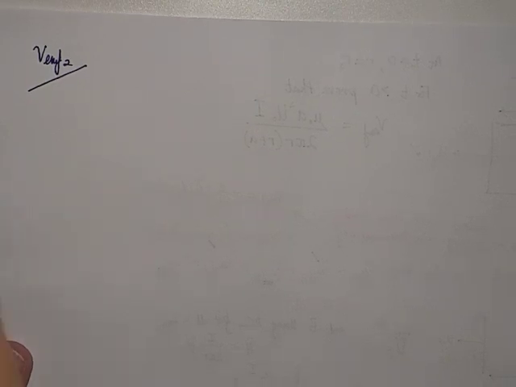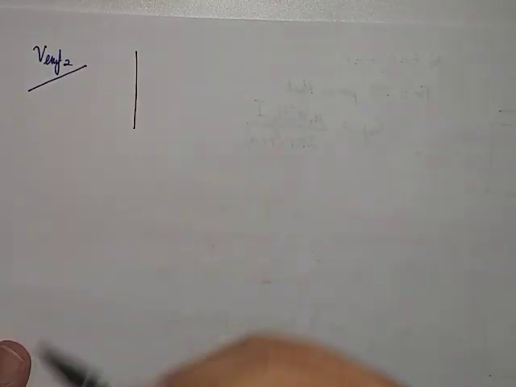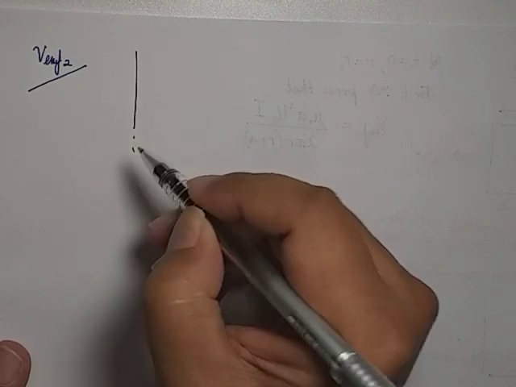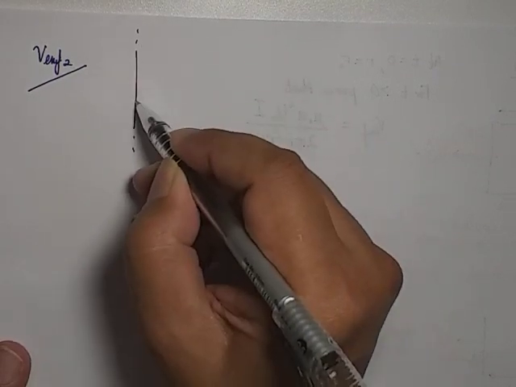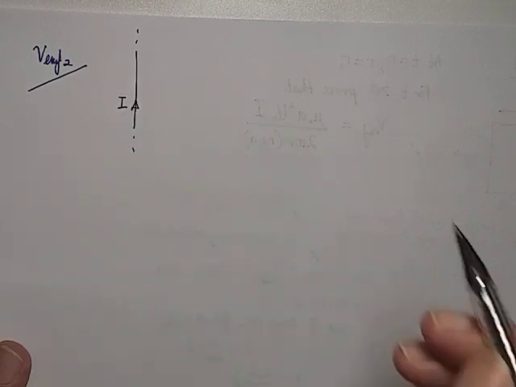So let's redraw the problem again. So what we have here: a straight conductor, infinitely long, carrying current I, located along the z-axis.